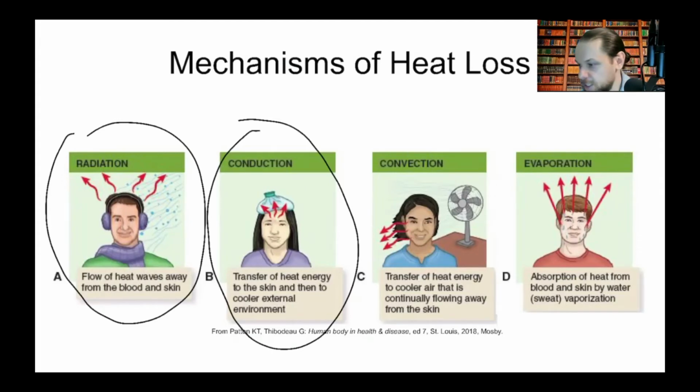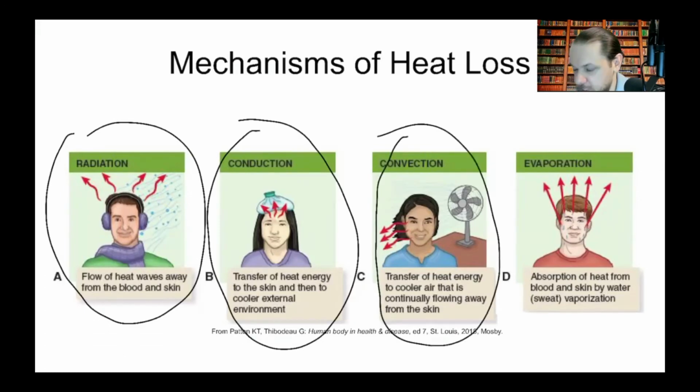Convection is what you experience in the summertime. If you have sweat formation and you stand by the fan and it blows on you, by convection the heat flows away from your skin, so you get cooler through that.